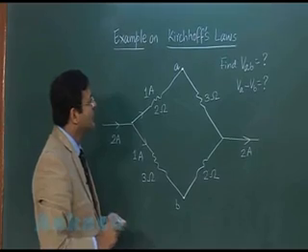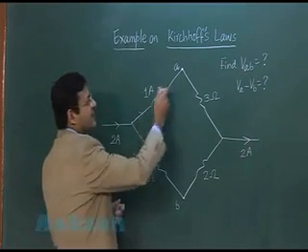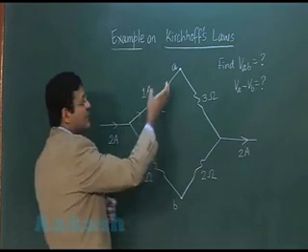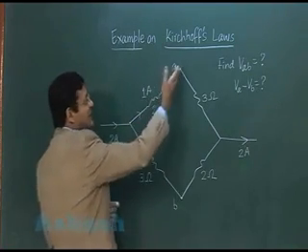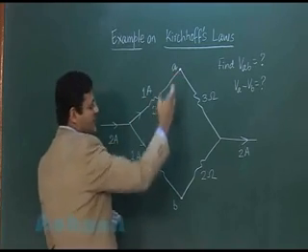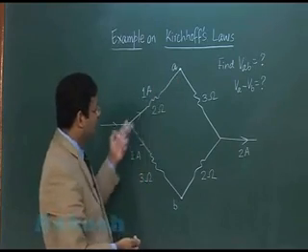Now your next work will be to assign positive and negative sign to any of the resistors which is involved in calculating the potential difference between A and B. If you have to find the potential difference between A and B, you will have to move through a network.